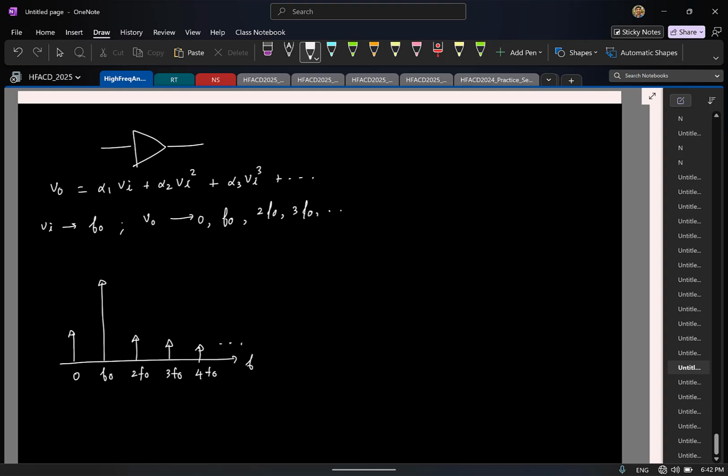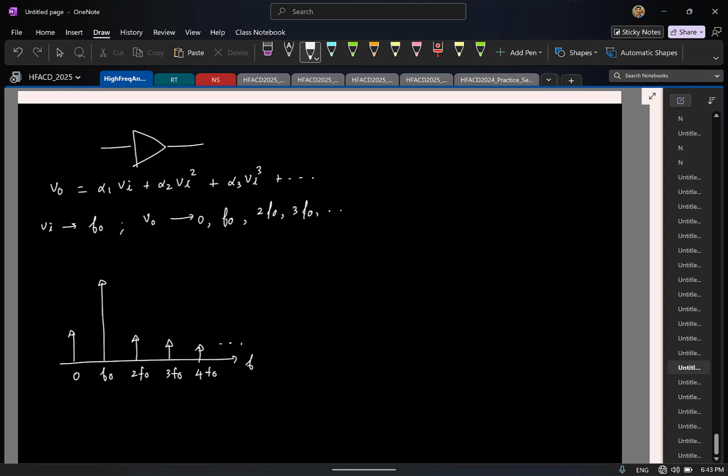and if I want to make a comment as to whether op amp 1 is more linear than op amp 2 or vice versa, then I need to have some way to measure or quantify the linearity of my circuit. And it turns out depending on the context and the system that is being considered, there are multiple different metrics used for quantifying linearity. For example, if you take RF systems, you will have one set of metrics. If you take data converters like ADCs, you will have one more set of metrics.